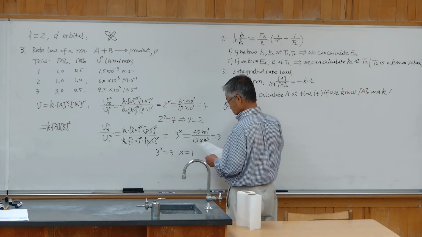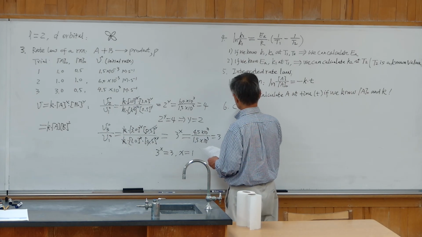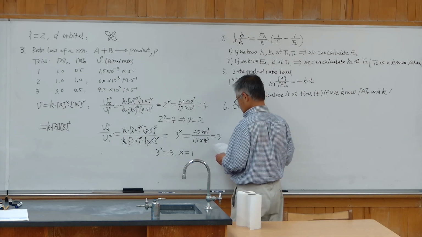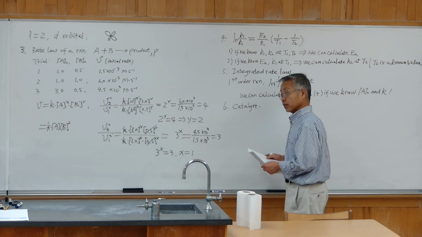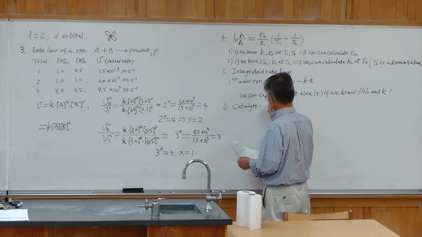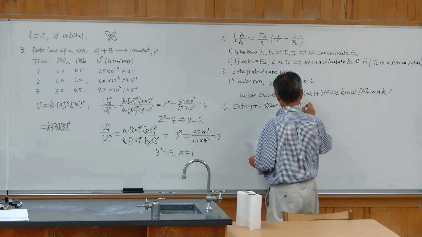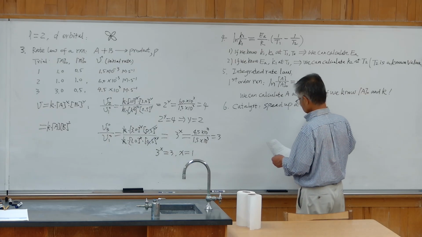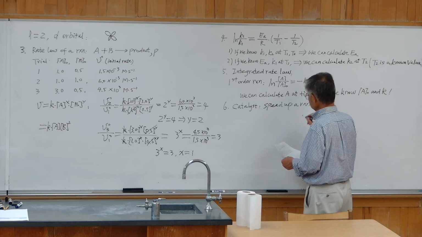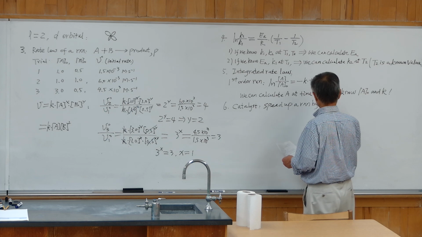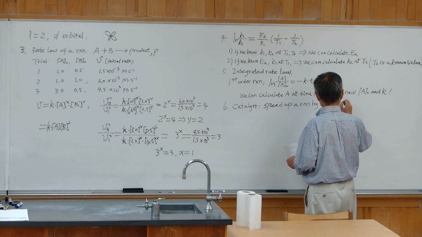Next, I can think about is catalyst. Catalyst in chemistry is a substance that can speed up a reaction. Why can the catalyst speed up the reaction? By reducing activation energy, Ea.